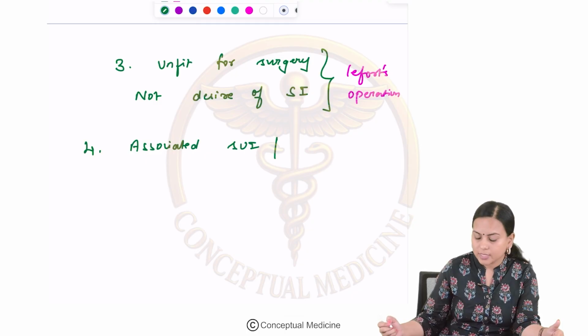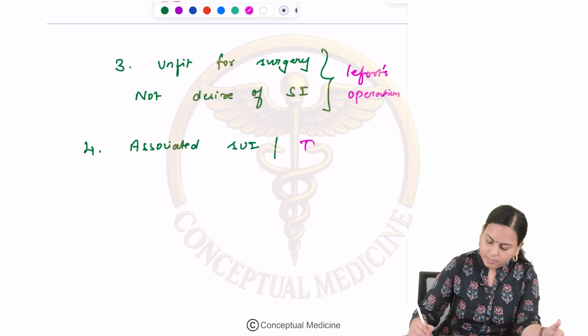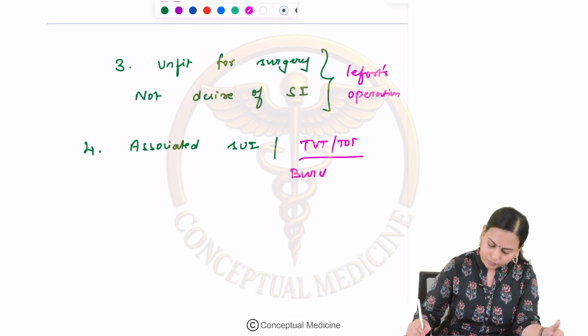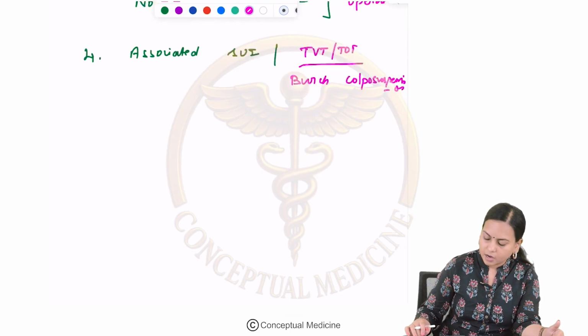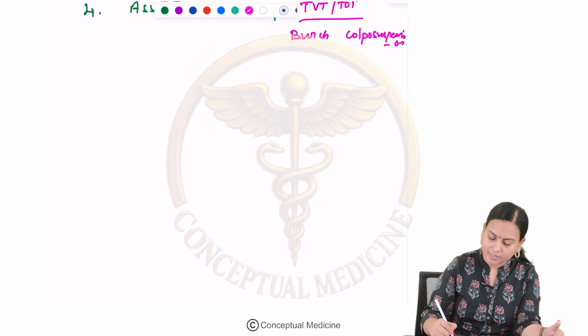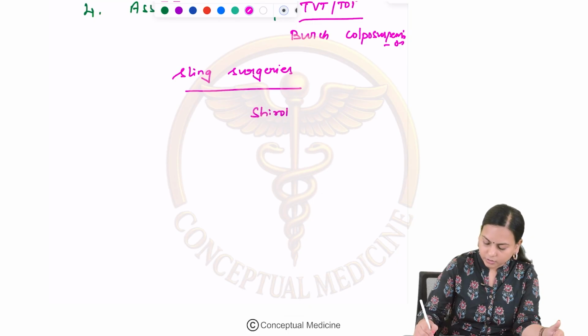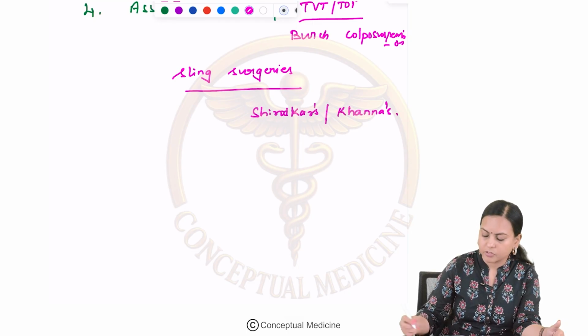For these people you will offer TVT or TOT, that is transvaginal tape or transobturator tape, or a Burch colposuspension. Also, you can offer them sling surgeries like Shirodkar's sling surgery or Khanna sling surgery.